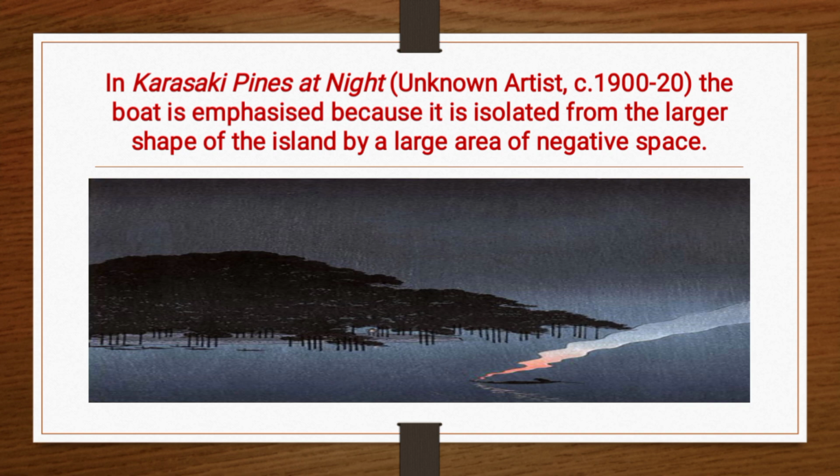I hope you can see the boat. You can see the space that is isolated, and when one object is isolated, you know that it is under the law of isolation.